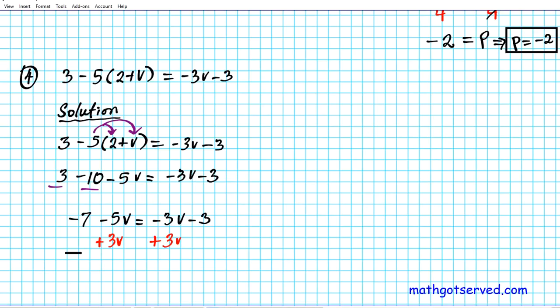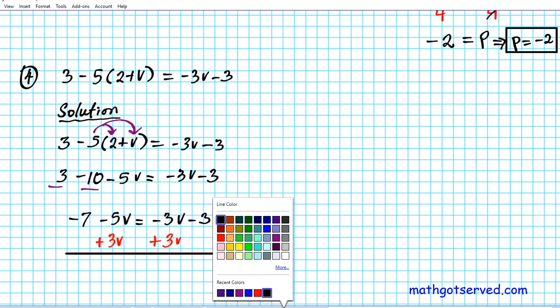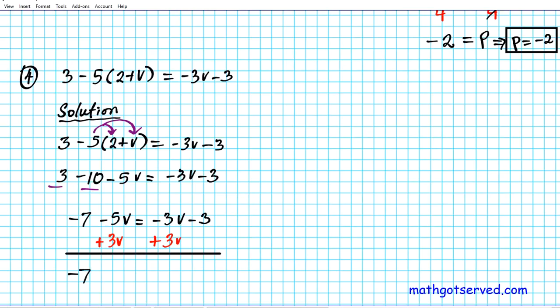And when you do that, you get negative 7. Now the signs are different, so you subtract and keep the sign of the bigger, which is negative. Okay, so negative 2v is equal to, this adds up to 0.